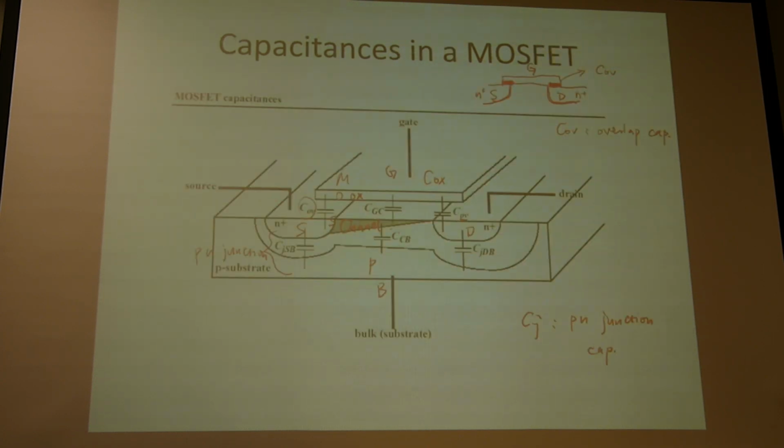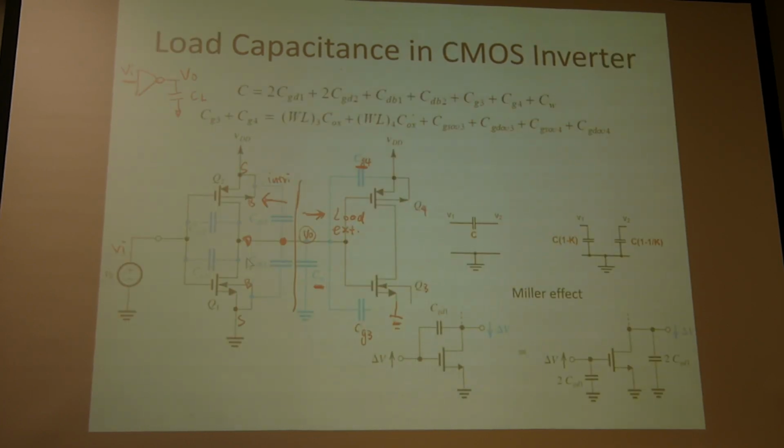As shown in the previous slide, this drain to body will have this junction capacitance, this PN junction capacitance. So you have this CDB, drain to body. And you have this for Q1 and Q2. So you have CDB1 and CDB2.